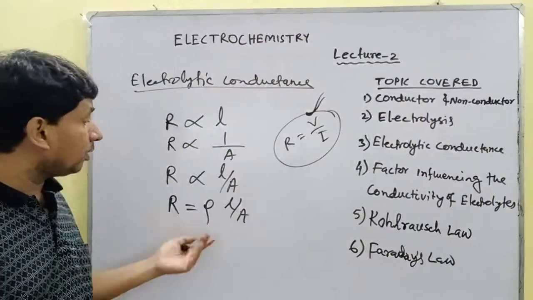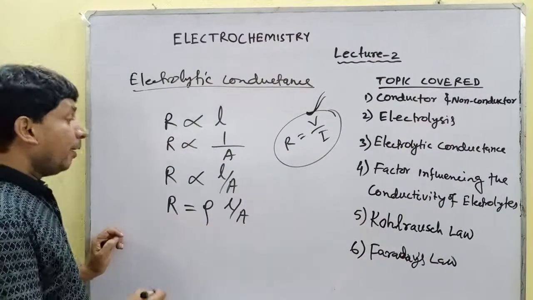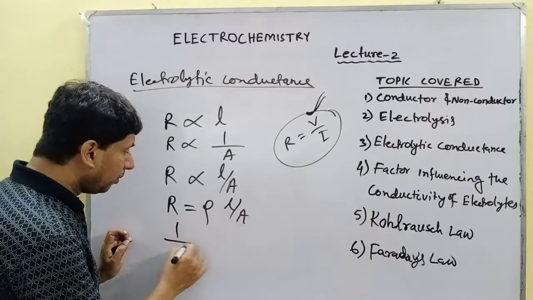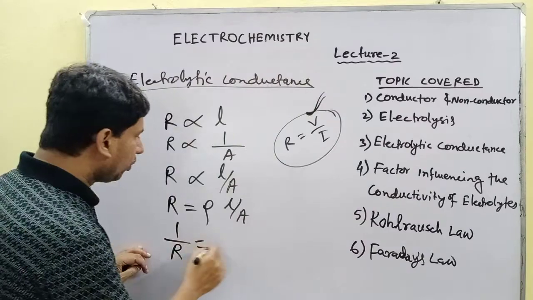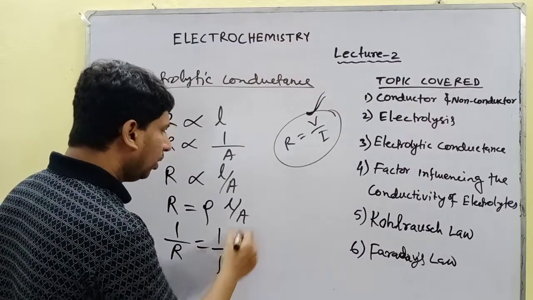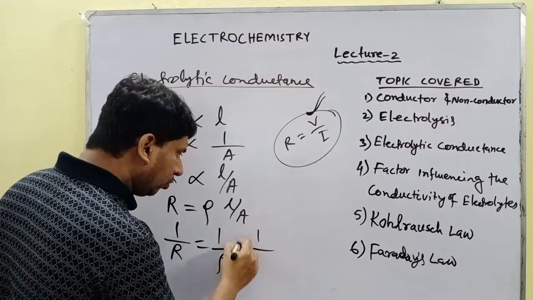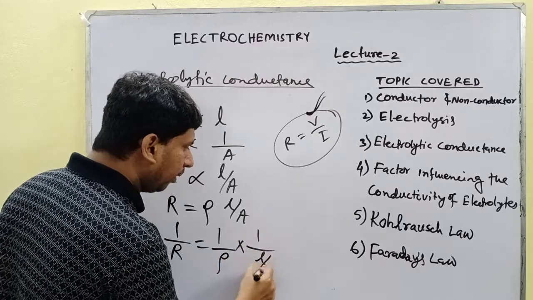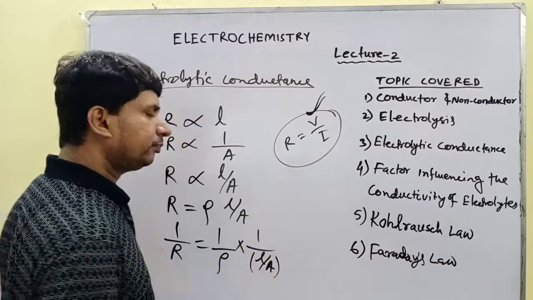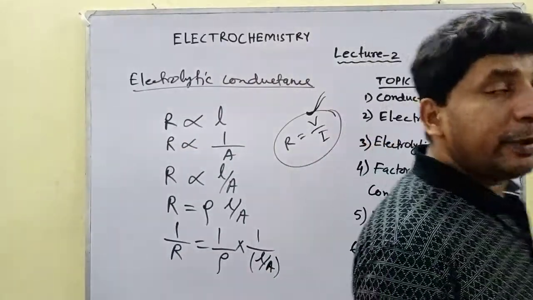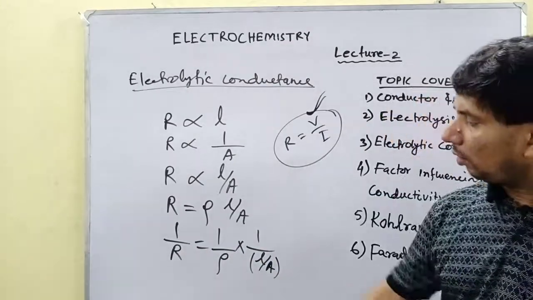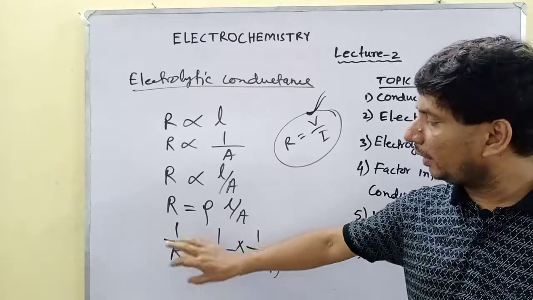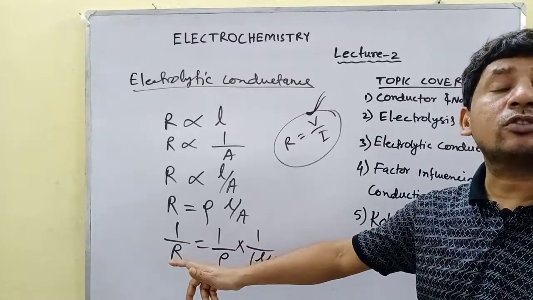R is the resistance, rho is the resistivity. Now 1 by R, the inverse of R, equals the inverse of rho times the inverse of L by A. What happened? R was the resistance and the inverse of R is known as conductance.